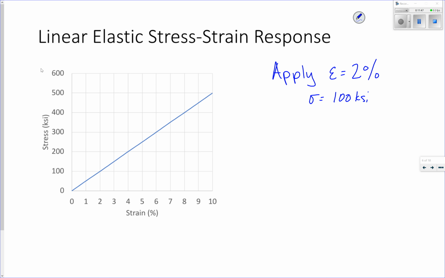Let's say I apply a different separate load that results in a strain of 4%. That results in a stress in my material of 200 KSI.